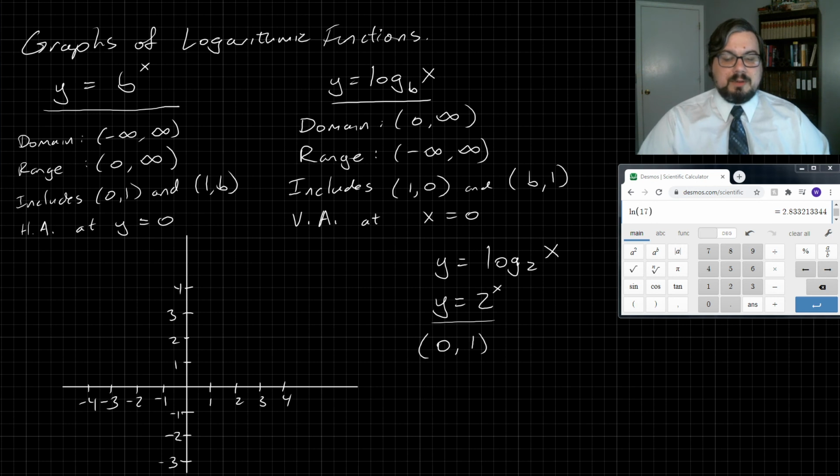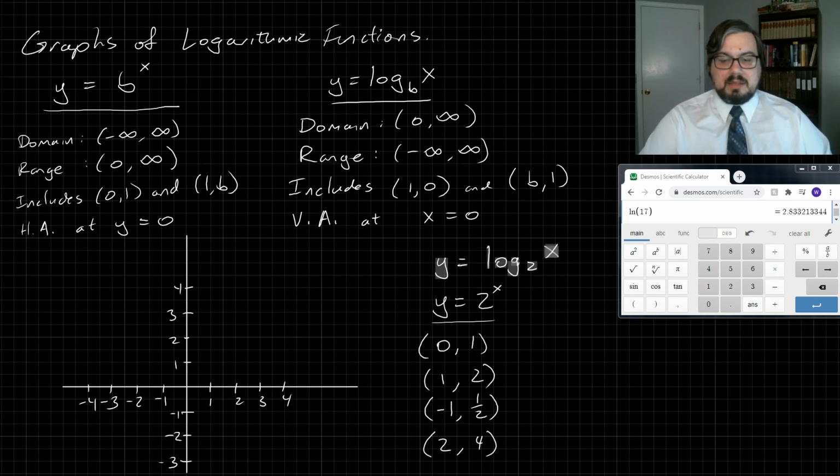We know that the point (0, 1) is on the graph of 2 to the x, and the point (1, 2) is on the graph of 2 to the x. That we always know. And we have a few more that we worked out previously. We know that the point (-1, 1/2) is on the graph of 2 to the x. If you plug in -1 there, we get 1/2 out of it. If we plug in 2, we'll get 4 out of it.